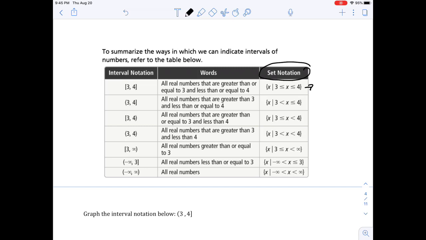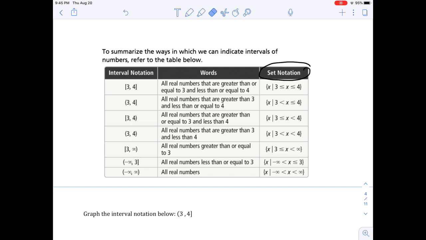So that up and down bar there is interpreted as "such that." So we would read it x such that 3 less than or equal to x less than or equal to 4. In words, all real numbers that are greater than or equal to 3 and less than or equal to 4. Interval notation, square brackets, because you are including the 3 and the 4.